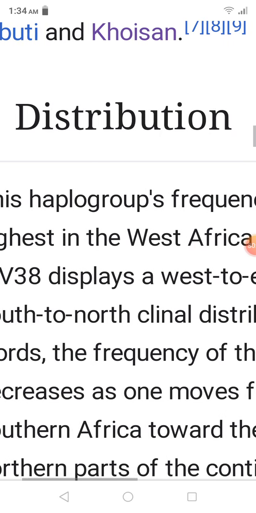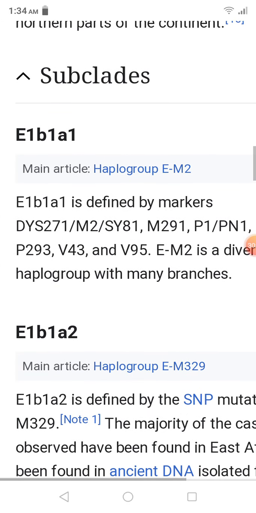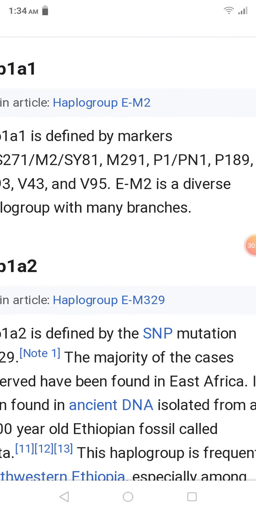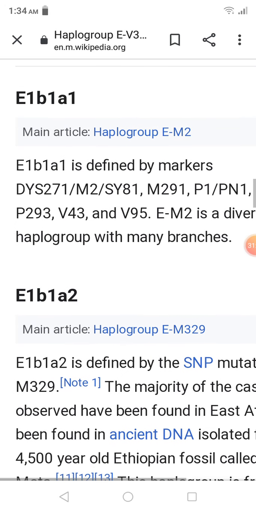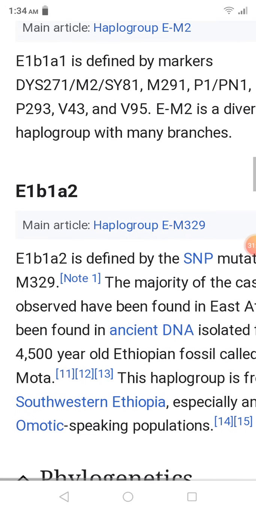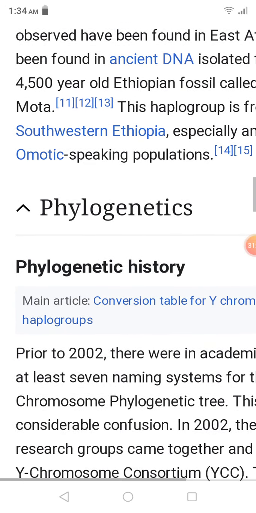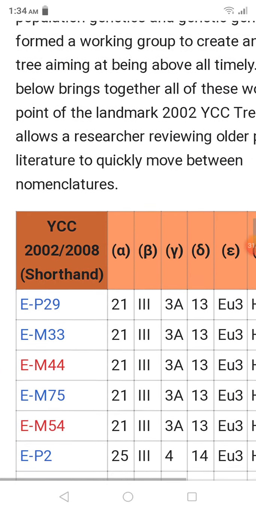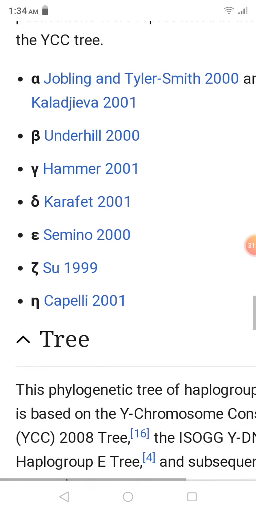So let's see if I could. So here is an example of how they would do it when they break down. Let me see something.